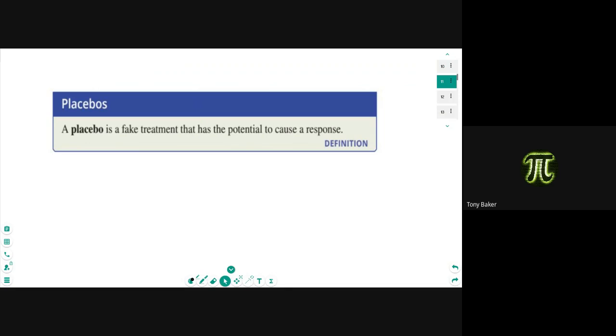If I'm telling you right up front that this is going to solve your allergy problems, what is in your head? You're going to solve the allergy problems, right? So you're going to see some relief. You might be a little less itchy, right? Or you might sneeze a little less. But was it the drug?